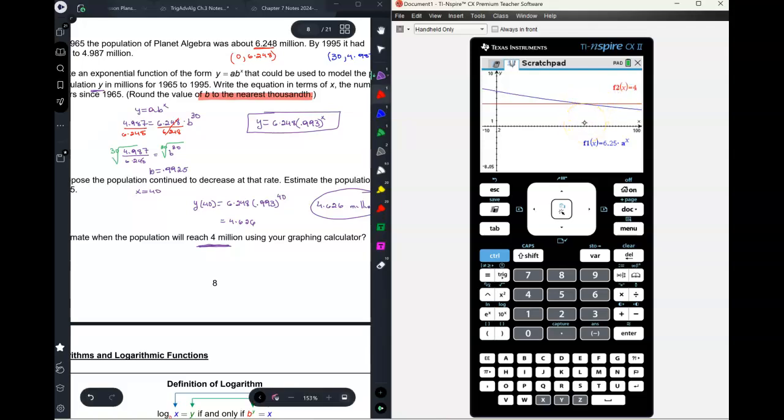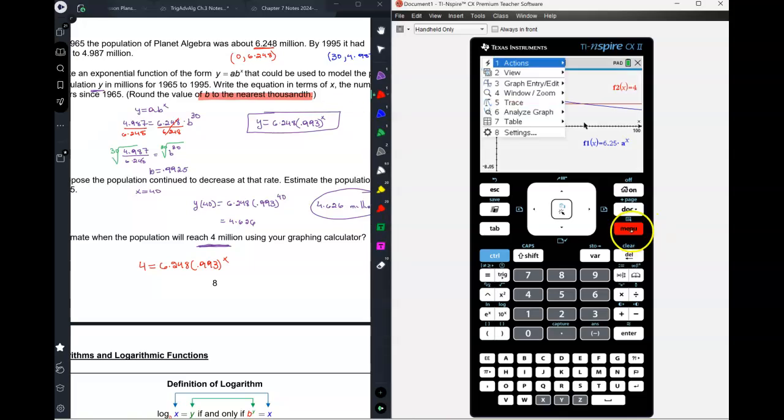So let's go ahead and write the equation that we are solving. We want the final amount to be 4 and equal to 6.248 times 0.993 to the power of x. And let's find the intersection. Analyze graph, intersection, lower bound, upper bound, right there.